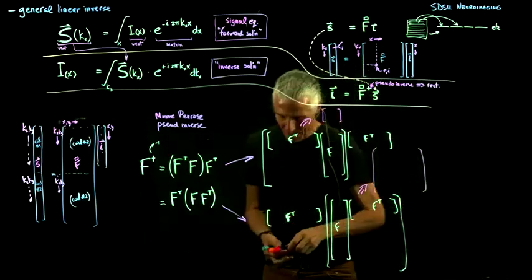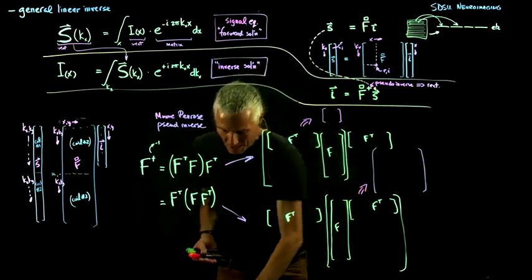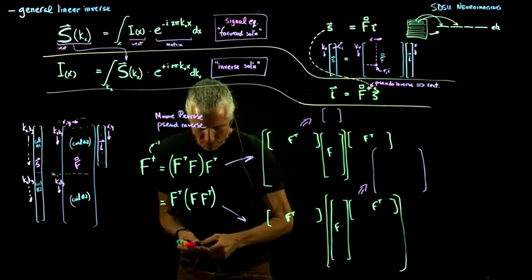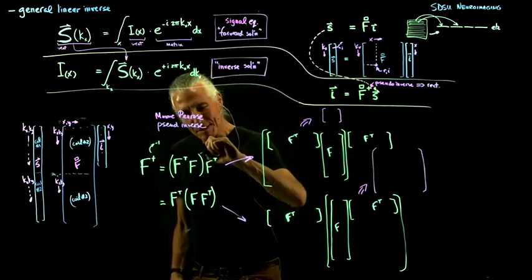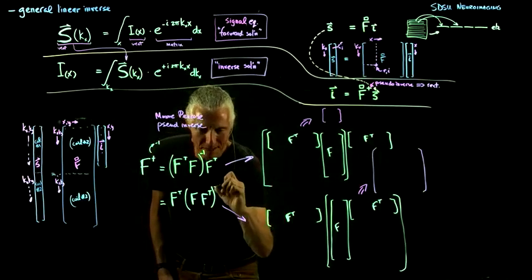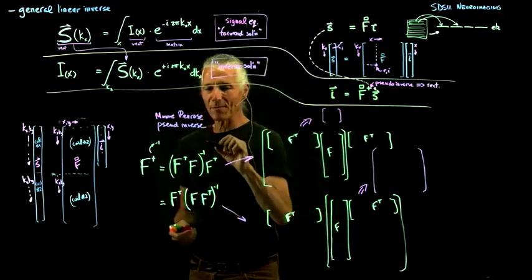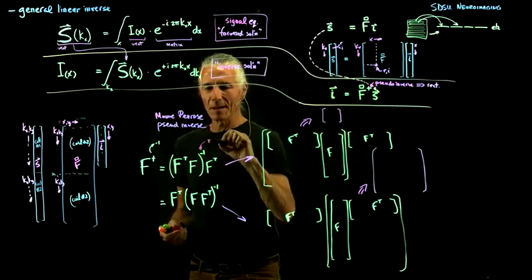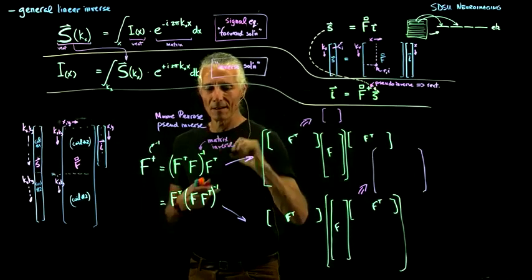And I left out one key symbol here, which was the -1. So that guy is a matrix inverse, and we can only calculate that matrix inverse for a square one.